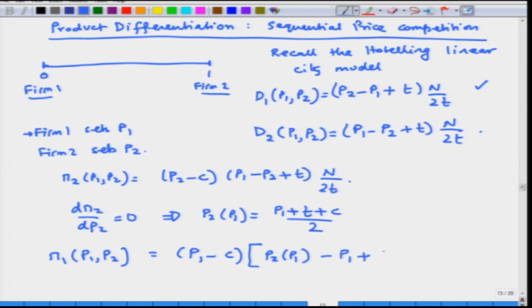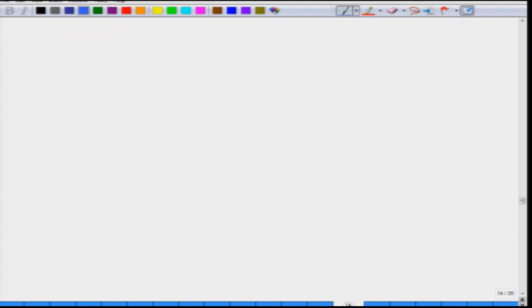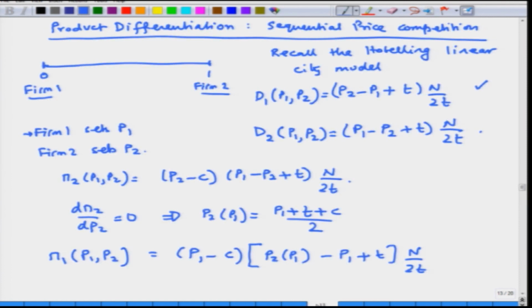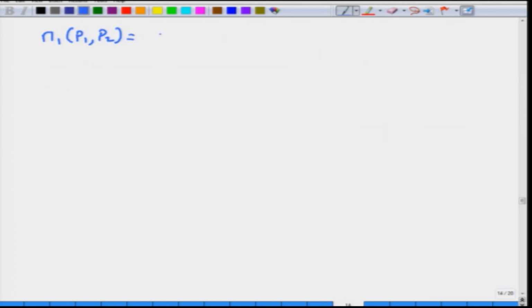If we incorporate firm 2's best response function into firm 1's objective function, that is, substitute for P2 and simplify, we will find that firm 1's profit is given by (P1 minus C) times (3T plus C minus P1) times n divided by 2T.